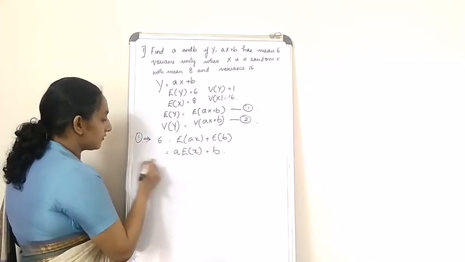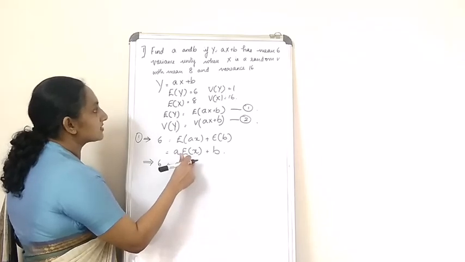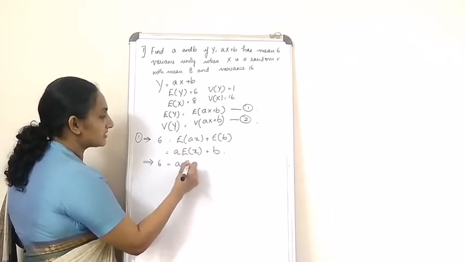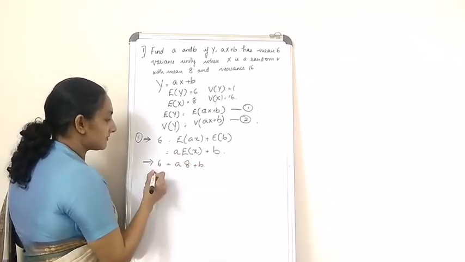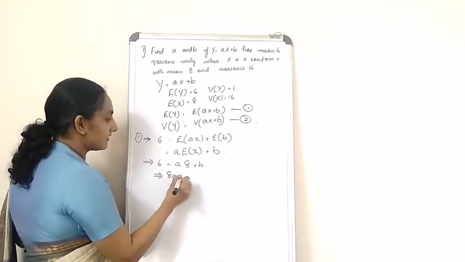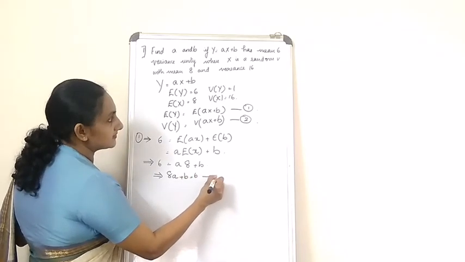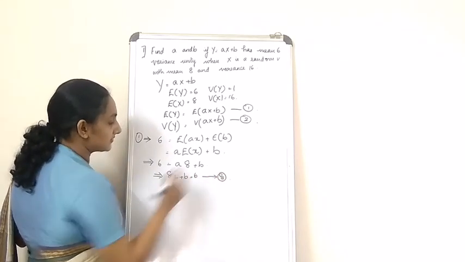Which implies 6 is equal to a into expectation of x, which is 8, plus b. So our equation is 8a plus b is equal to 6. I will mark this as equation number 3.